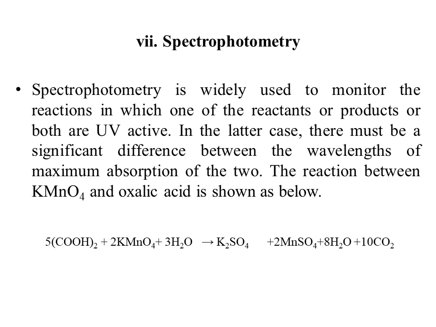The reaction between KMnO4 and oxalic acid is shown below. That is, oxalic acid reacts with KMnO4 in the presence of H2SO4 to give K2SO4 plus MnSO4 plus 8H2O plus 10CO2.